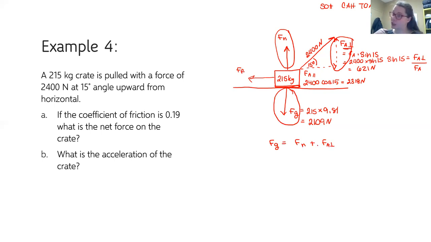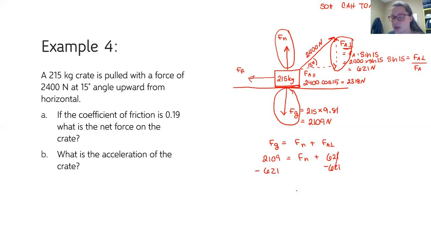Because you're pulling upwards, there's not quite as much force pushing up from the surface, since you're alleviating some of that by the direction of your pull. So we can plug in our information. 2109 has to be equal to our normal force, which we want to find out, plus the force perpendicular, which is 621. Subtract 621 from both sides.